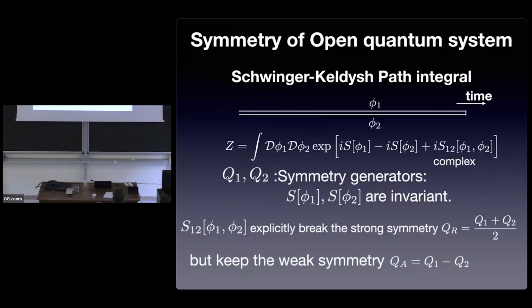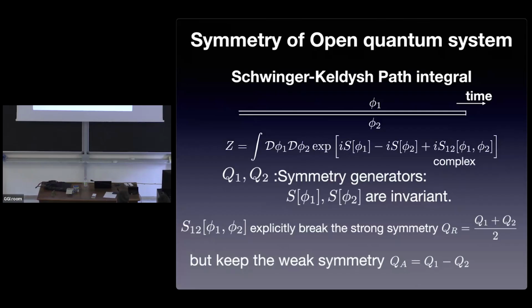Originally, we have the density operator. The transformation acts from the left or the right.